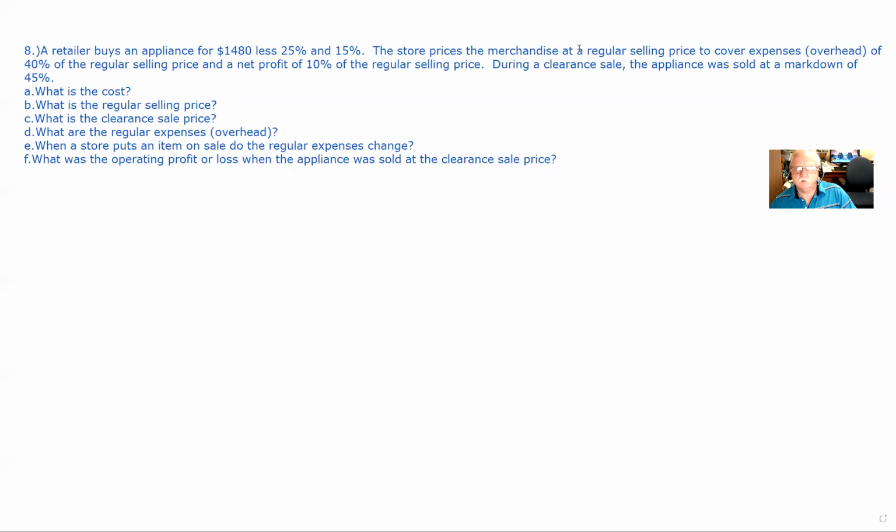We want to make a note of the fact that the regular expenses are always based on the regular selling price.